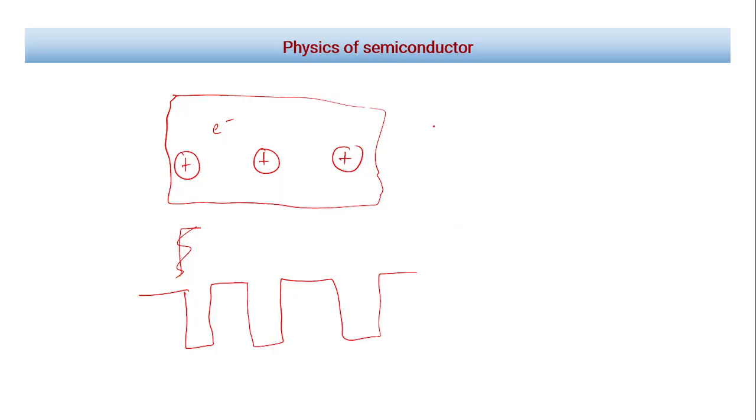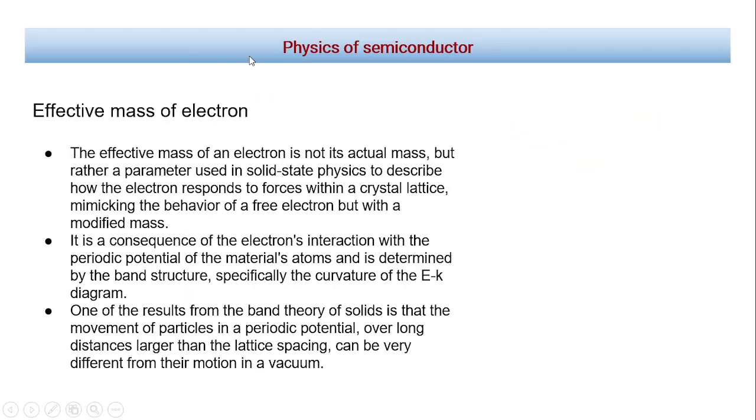Another thing we had understood from this is the concept of effective mass. Effective mass of a particle, or in this specific case, an electron. The effective mass of an electron is not its actual mass, because the electron's actual mass, or rest mass as we also call it in quantum mechanics, is given by 9.1 times 10 to the power minus 31 kg.